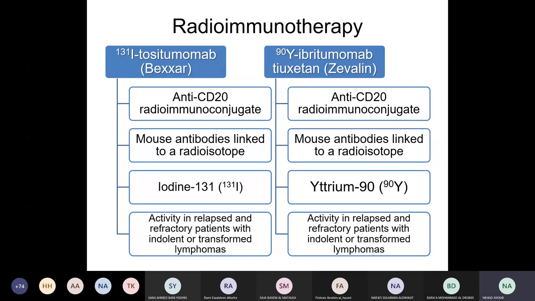It is more for transformed indolent lymphomas. We said that sometimes follicular lymphoma may transform, especially if it is high grade follicular lymphoma. It can become an aggressive lymphoma. Or if I have refractory and relapsed cases not responding to other treatments, we can consider radioimmunotherapy.